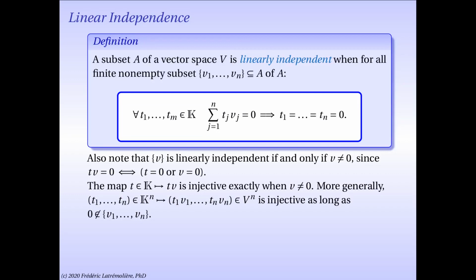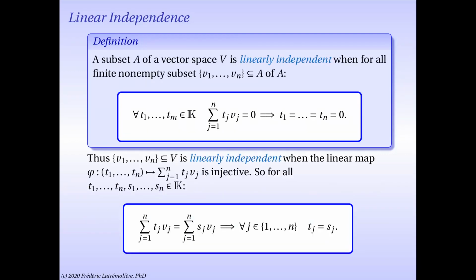More generally, if you give me n vectors, v1, v2, etc., vn, and you define this map written here that to scalars t1, t2, etc., tn maps the n-tuple t1 times v1, comma t2 times v2, etc., tn times vn, this map is injective exactly when none of the vectors v1, v2, etc., vn is 0. Very, very simple observation. So here is a bunch of simple linear injective maps. And why this is useful is because if I compose them with these sigma maps I've been talking about on the previous slides, I can then deduce the following result.